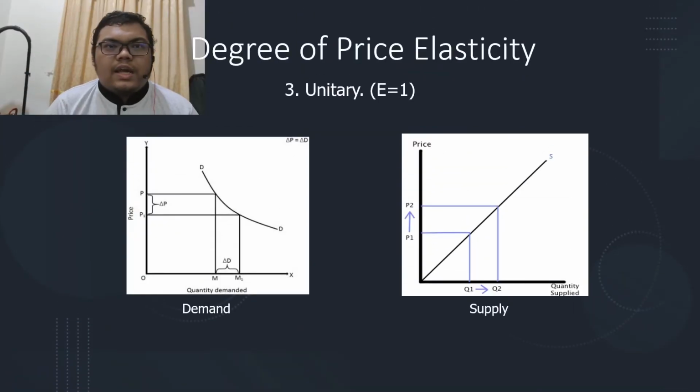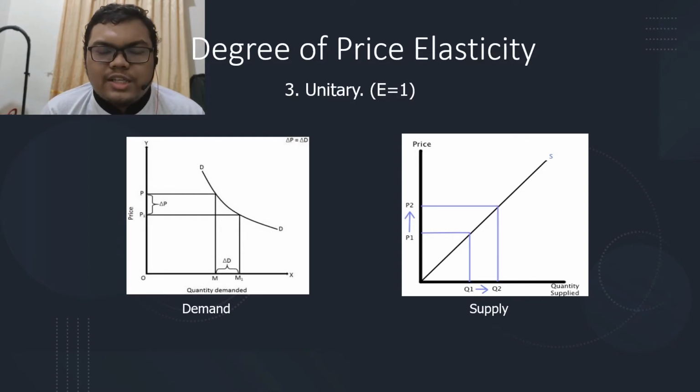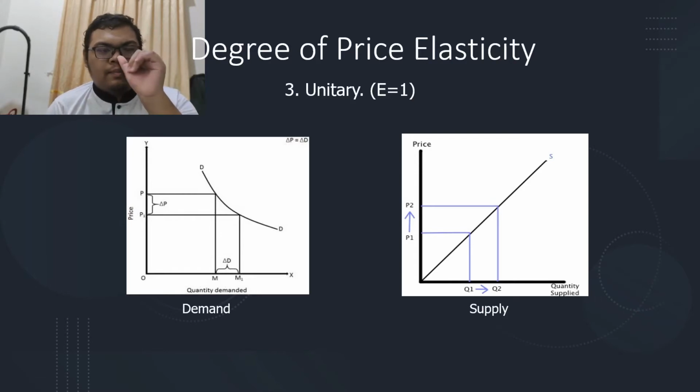Number 3, unitary elasticity, when elasticity is equal to 1. The percentage change in price and the percentage change in quantity demanded and supplied are equal. The shape of this curve is called a hyperbola.